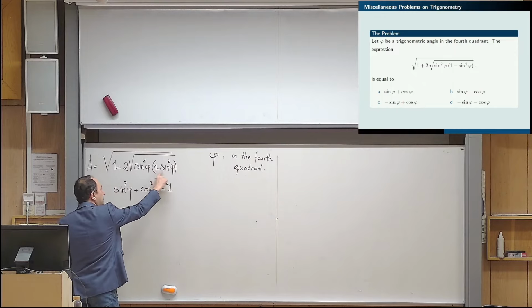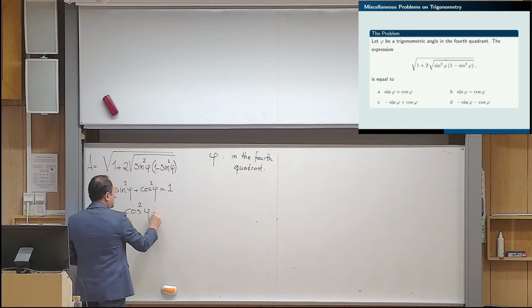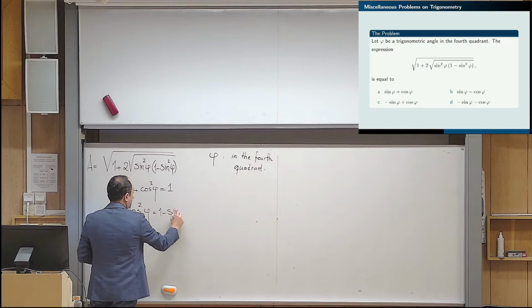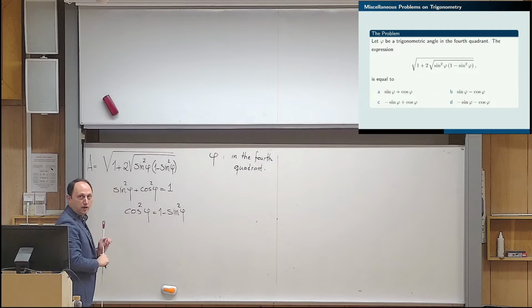So I move this term to the other side. This one is still left on the left-hand side, and then it becomes 1 minus sine phi squared. So you see that this combination that appears here is nothing except cosine phi squared.